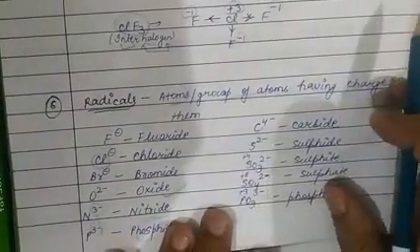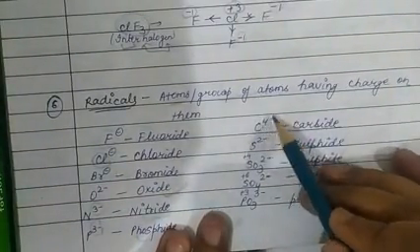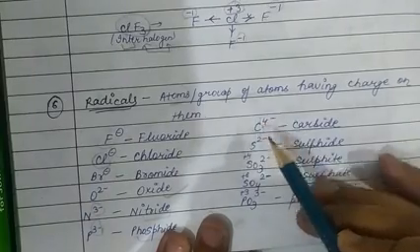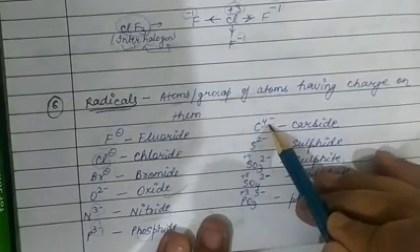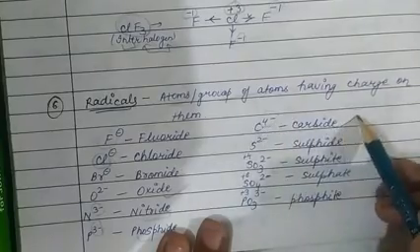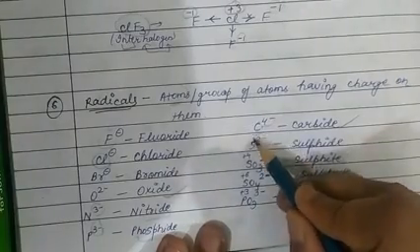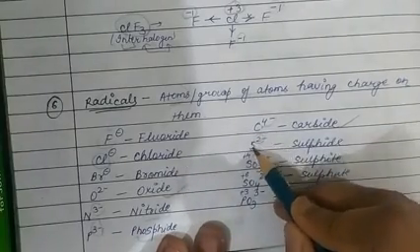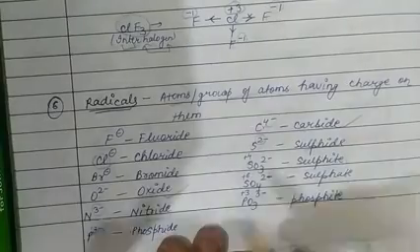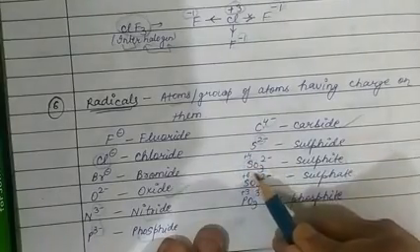Next, C4-, again an atom carrying negative charge, we call carbide. Again S2-, an atom carrying negative charge, we call sulfide. Again SO3 2-.